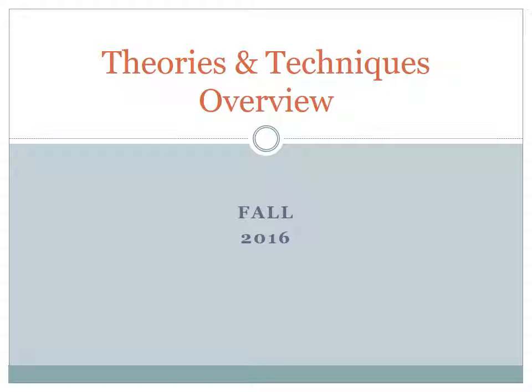So, what I'd like to do in this brief lecture is give you an overview of where we're headed. As you know, there are two courses in the Theories and Techniques sequence. There's Theories and Techniques 1 this semester, and then Theories and Techniques 2 next semester.